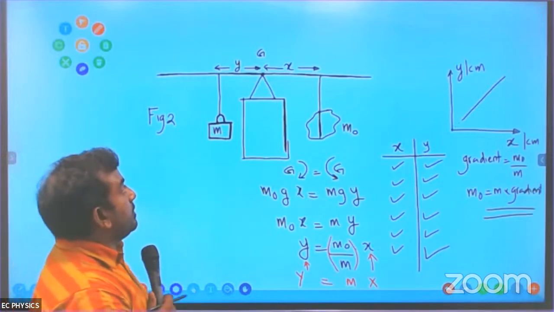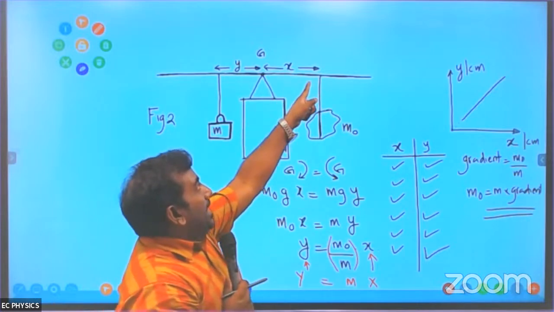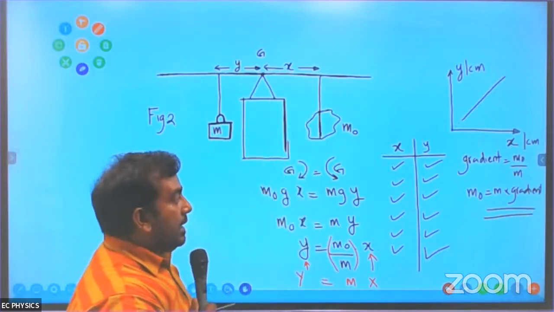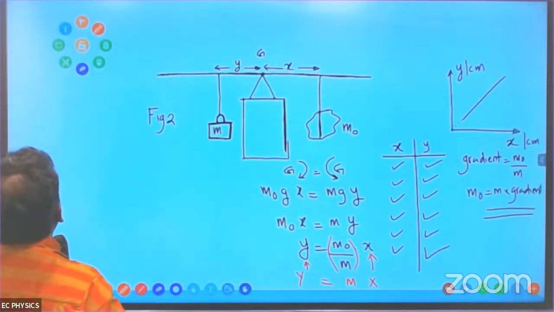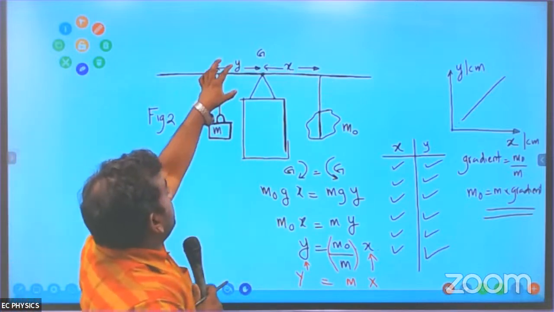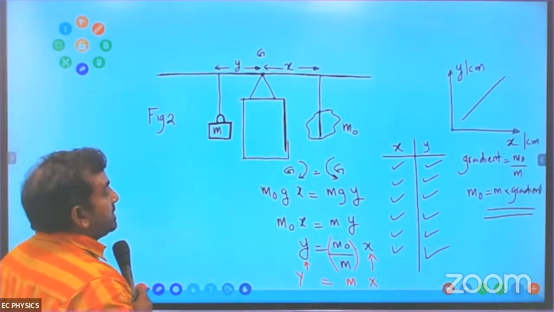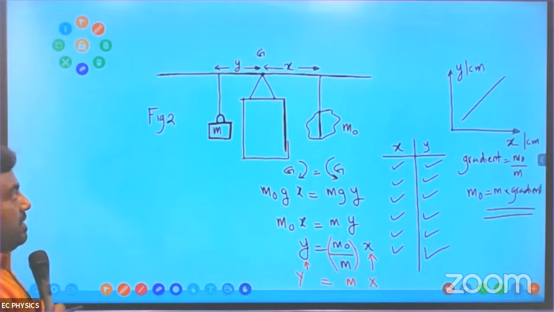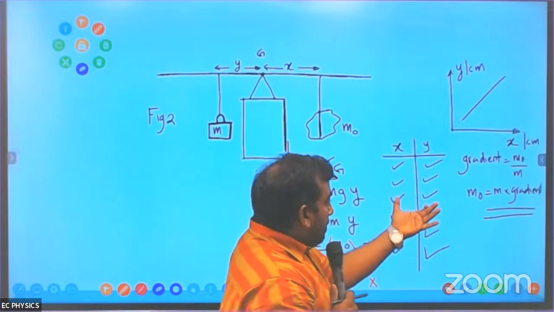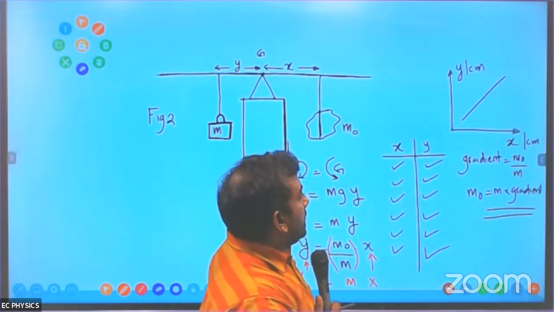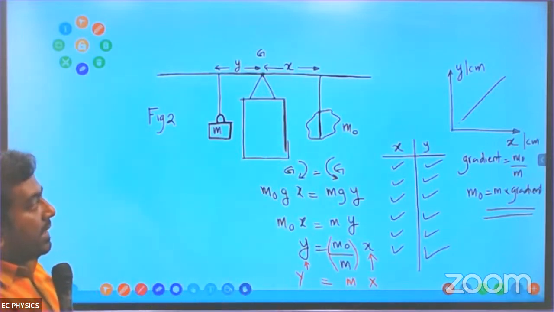Next point. We change the unknown weight in equal x distances, and we measure the y distance. We tabulate it and we plot a graph.